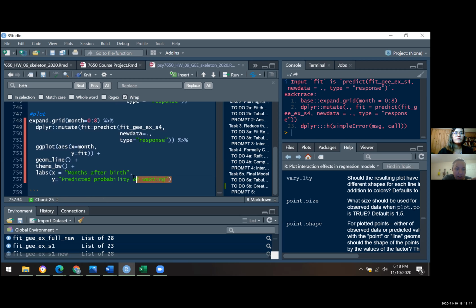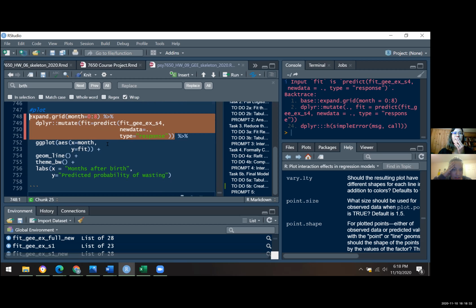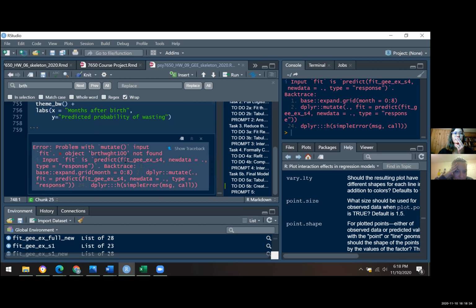This is how I troubleshoot. So start on line 748 and highlight until you stop before the pipe. Okay. Line 748. That's fine. All the way to the top. Let's see if it gets.